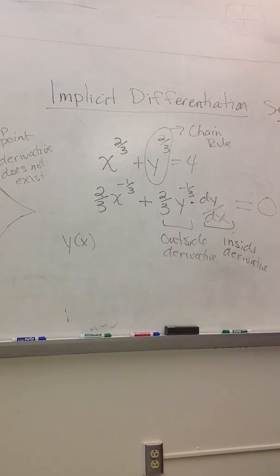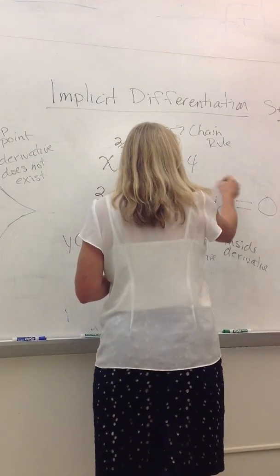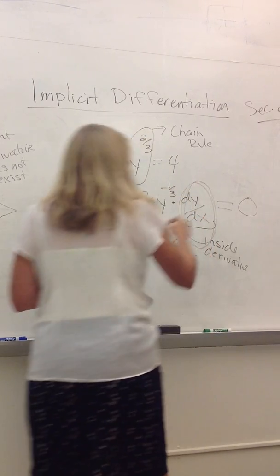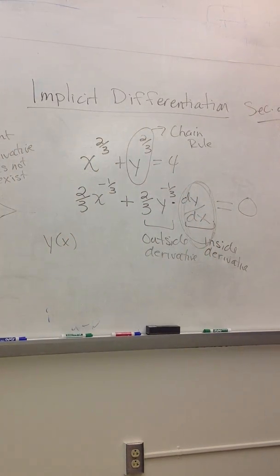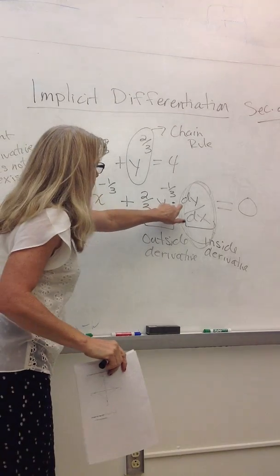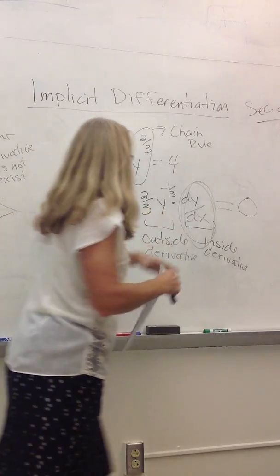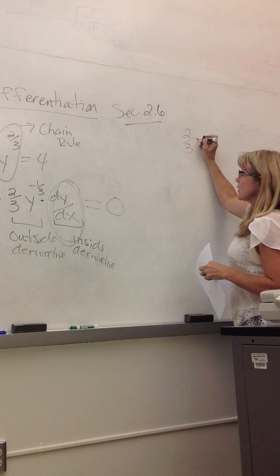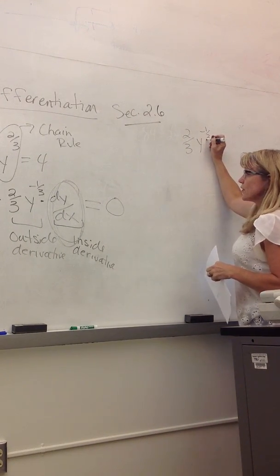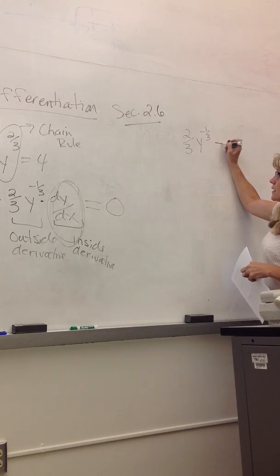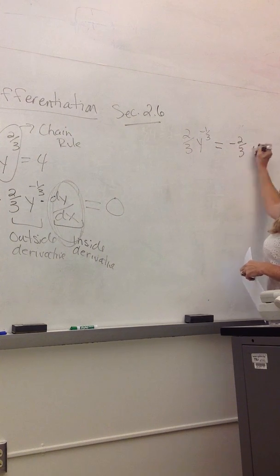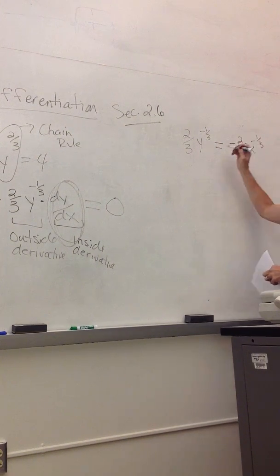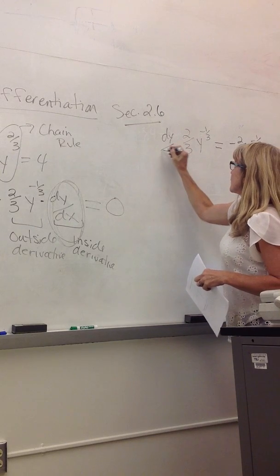And then this is what we really want. We want a formula for dy/dx. So once you take the derivative of both sides, then you clean it up so that you have solved for dy/dx. For this particular example, I would have 2/3 y to the minus 1/3 dy/dx equals negative 2/3 x to the minus 1/3. Oops, sorry, I have my dy/dx over here.